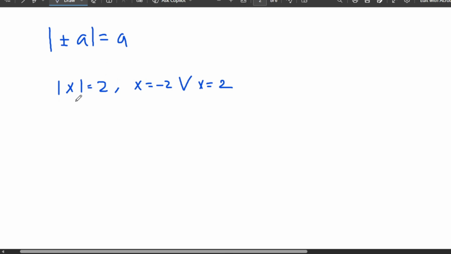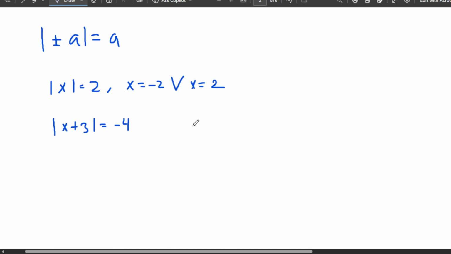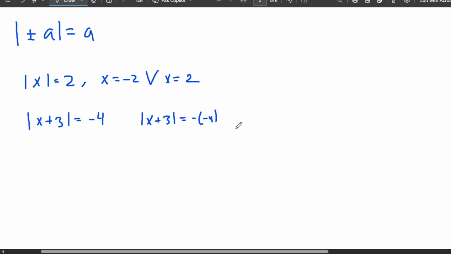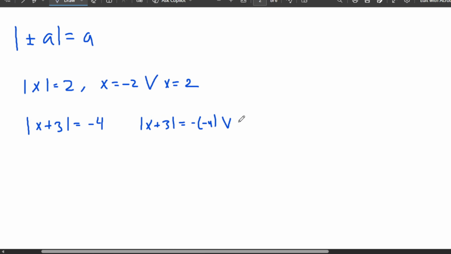And let's say we have the absolute value of x plus 3 equals, let's say, negative 4. Okay, to solve this, we have two parts. x plus 3 equals negative 4, or x plus 3 equals the negative of negative 4. There's no absolute value here because we split it into two parts.